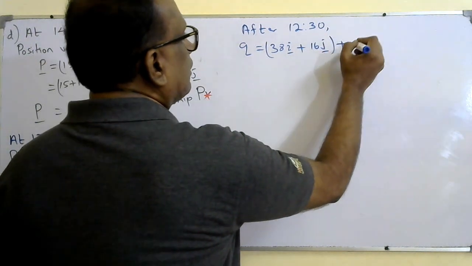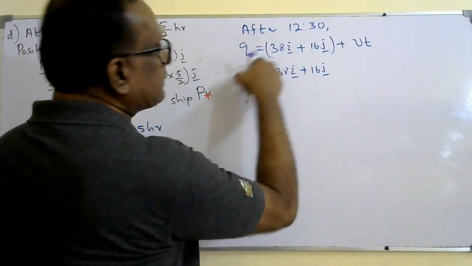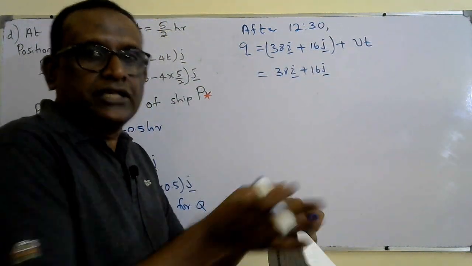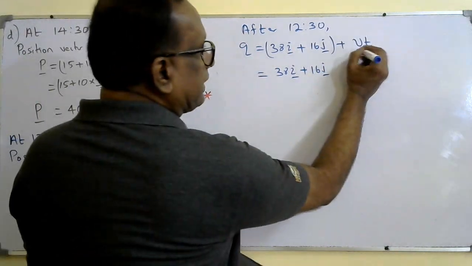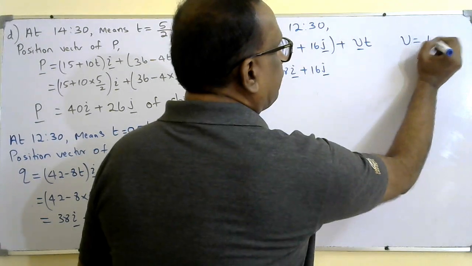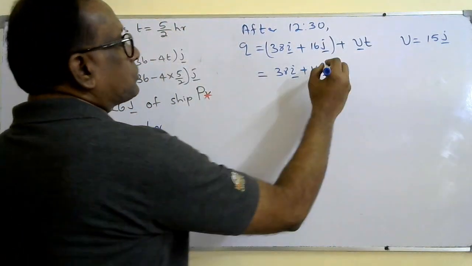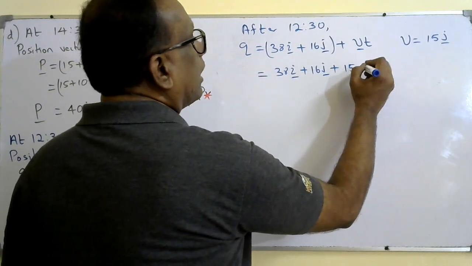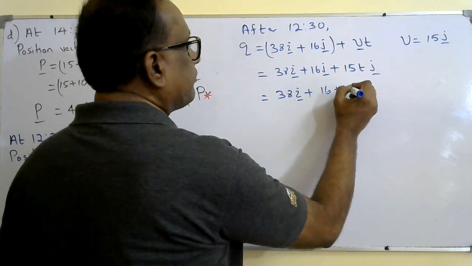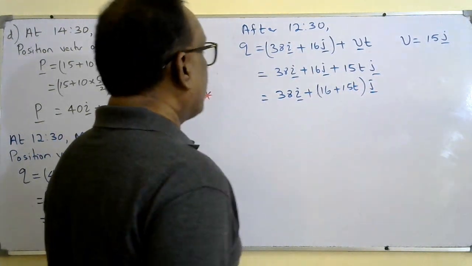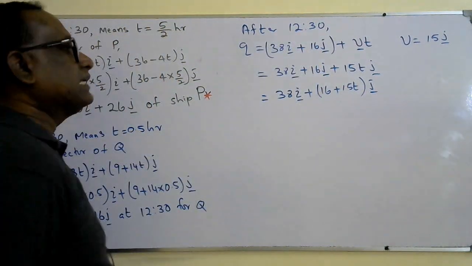The initial position is 38i plus 16j, the position at 12:30. The velocity vector is 15j because it's moving at 15 km per hour towards north, and north means j. So it's 38i plus 16 plus 15t j. This is the position vector of Q after 12:30 at any time t.